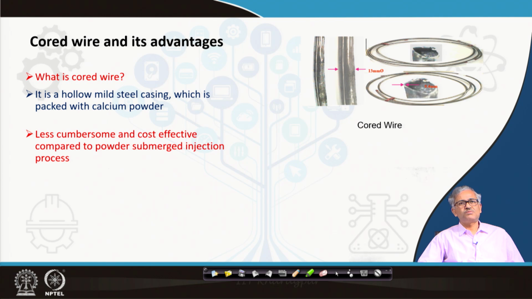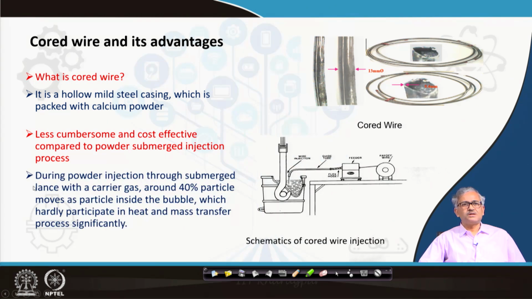So during powder injection through a submerged lance with carrier gas, around 40% of the particles move inside the bubble and cannot participate much in the impurity transfer during their transit through the liquid, while moving up from the bottom to the top slag. After joining the top slag, obviously they can participate, but during their rise you cannot utilize them properly. There is some amount of reaction, but less. Here that problem is not there.